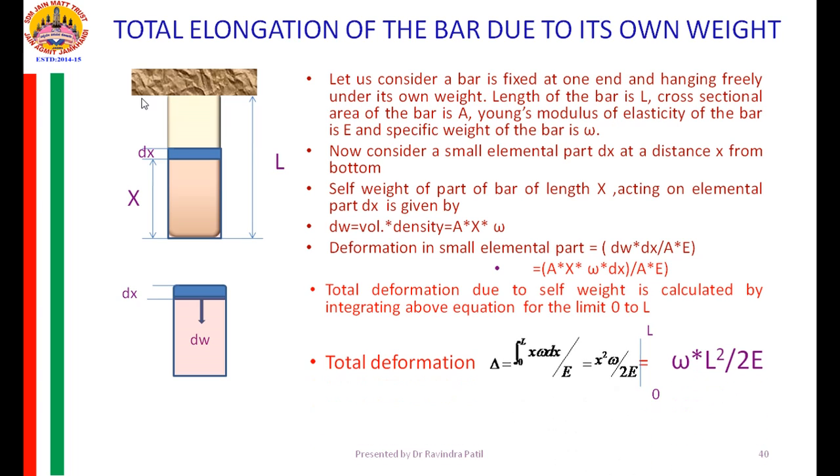Total deformation delta is equal to the integral from 0 to L of x omega dx divided by E. Omega and E being constant, only x is variable here.